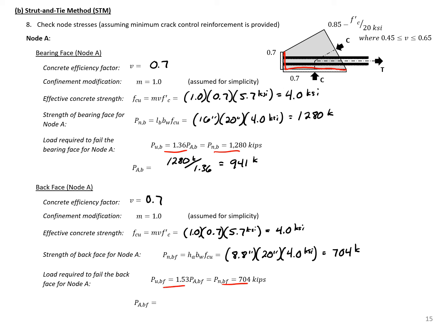Setting our capacity equal to our demand, we can solve for the load required to fail the back face here, and we'll get 704 kips divided by 1.53, which will give us a value of 460 kips. So this is the force required to fail the back face and the bearing face of our node A.